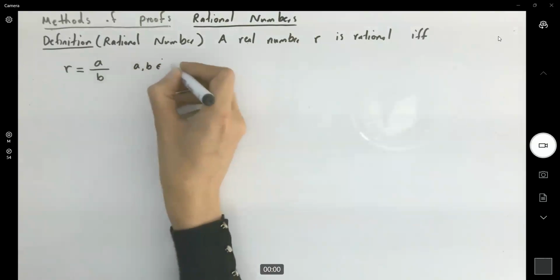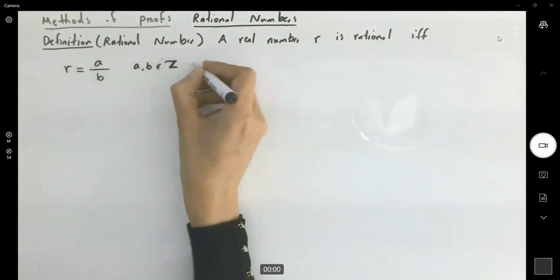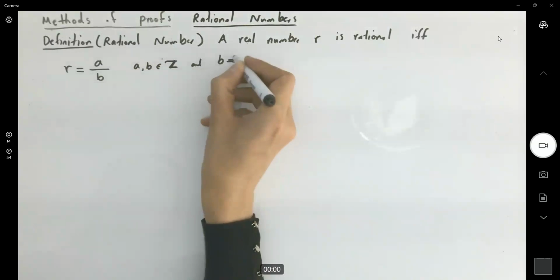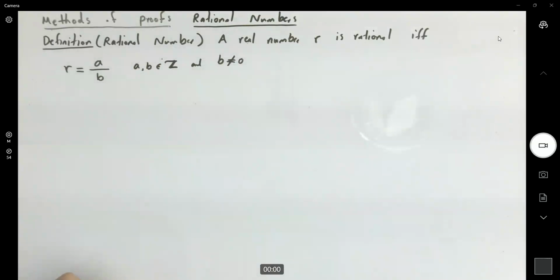A and b are both integers and b, the denominator, is never 0.